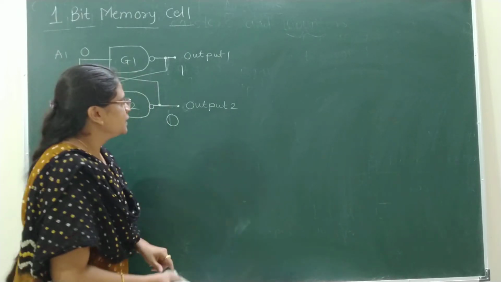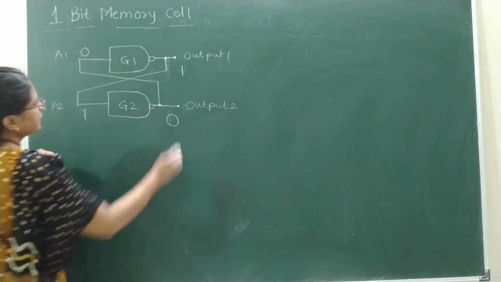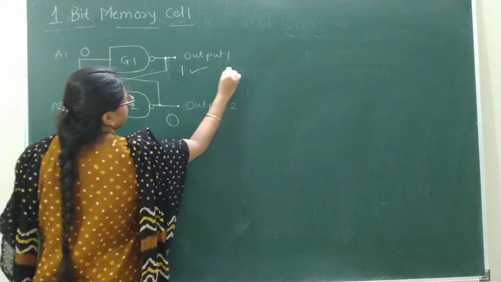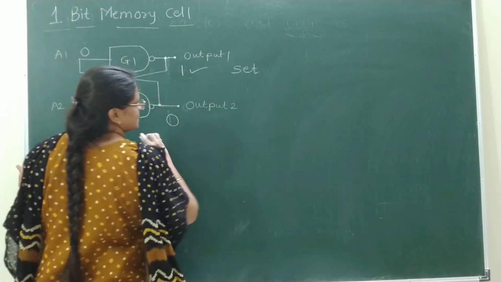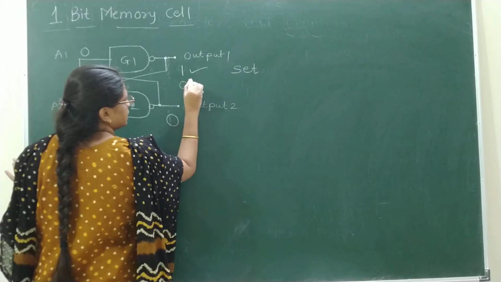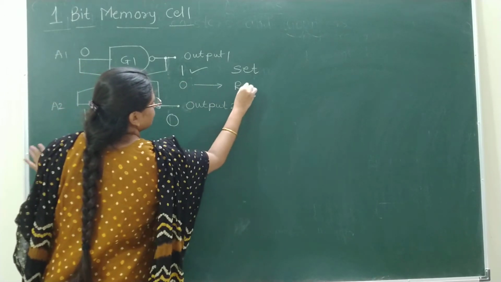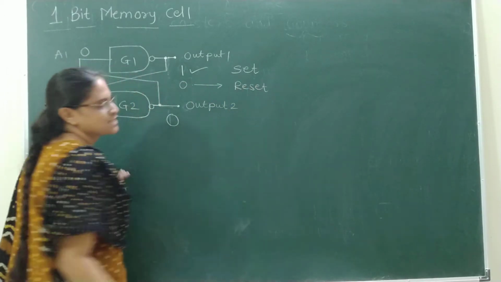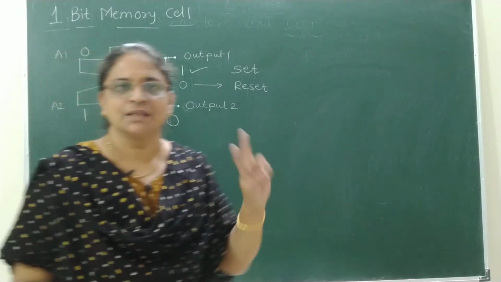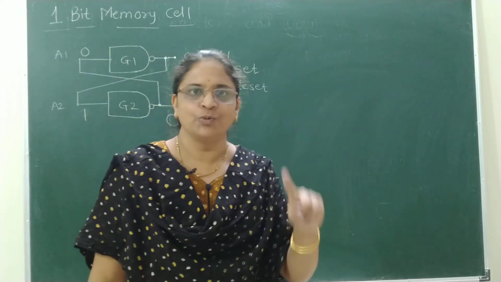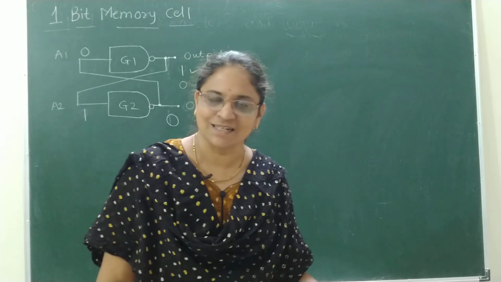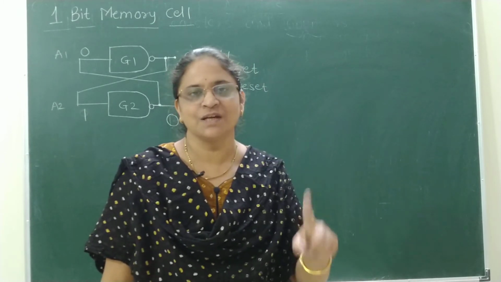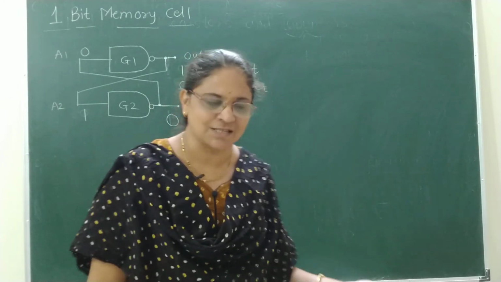And here 1 bit is stored. Whenever this bit is high, it is said to be set state. When it is storing 0 level, then it is said to be in reset state. So always remember these two terms. Whenever output is 0, it is reset action. Whenever output is 1, it is set action.